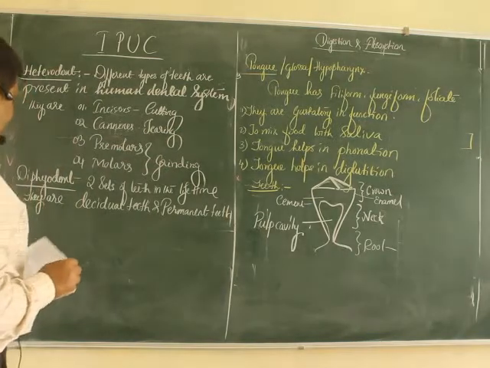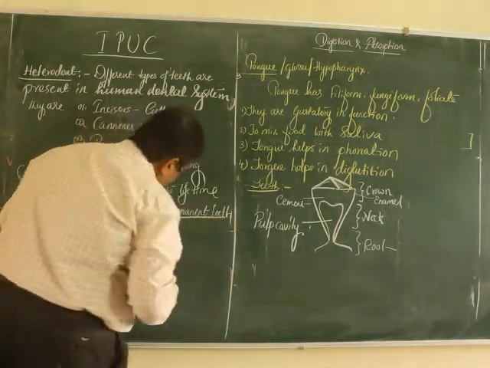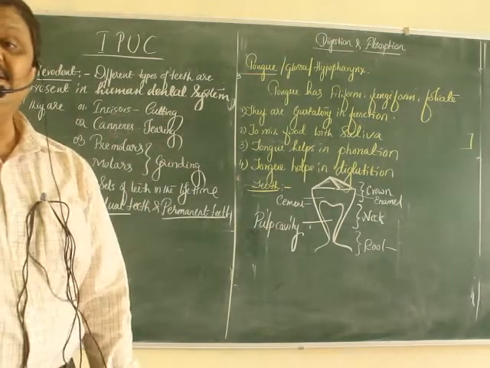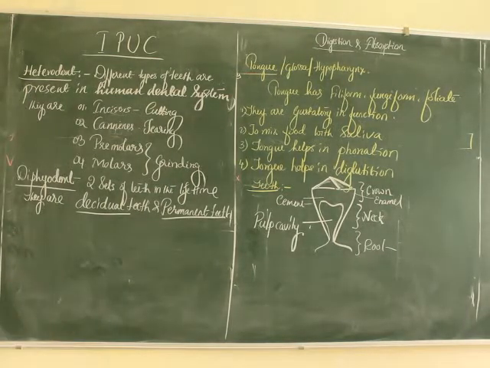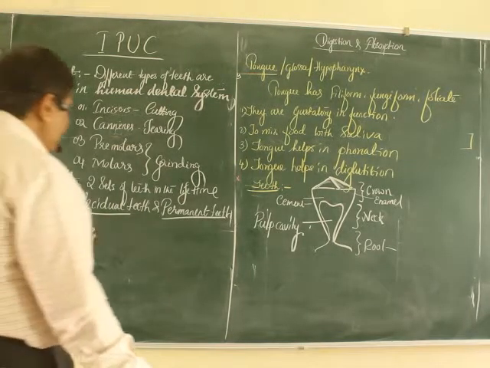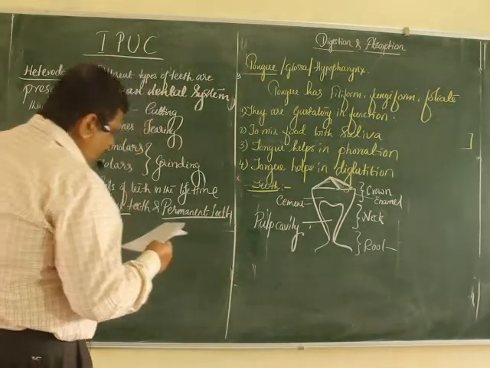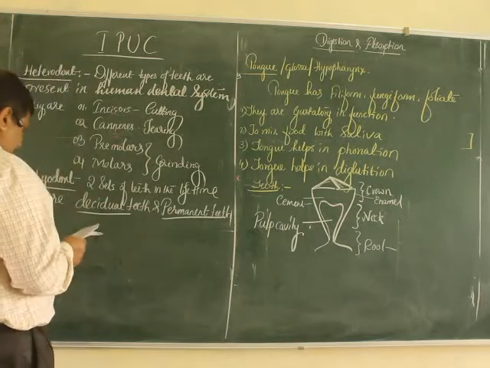You might have heard the word deciduous leaves, the ones which are going to fall down. So deciduous teeth will fall down and be replaced by permanent teeth.